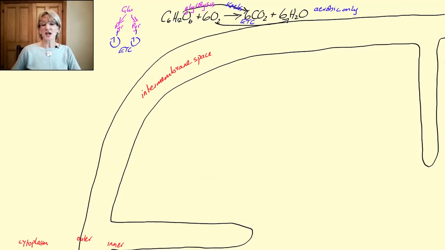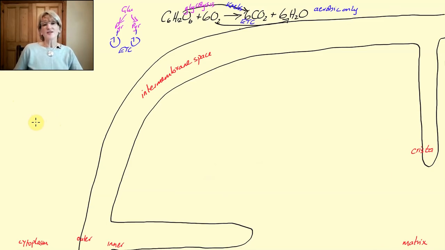And these projections going into the mitochondria are cristae. A single one is called a crista, but if there's 2 or more than 2, they're cristae with an extra E on the end. And this internal gel-like filling of the mitochondria is the matrix of the mitochondria.